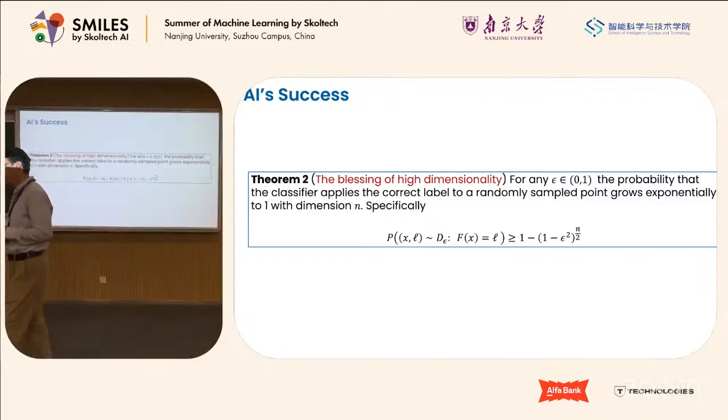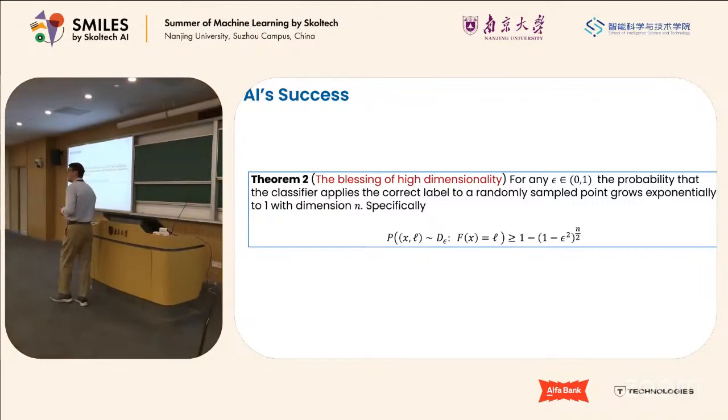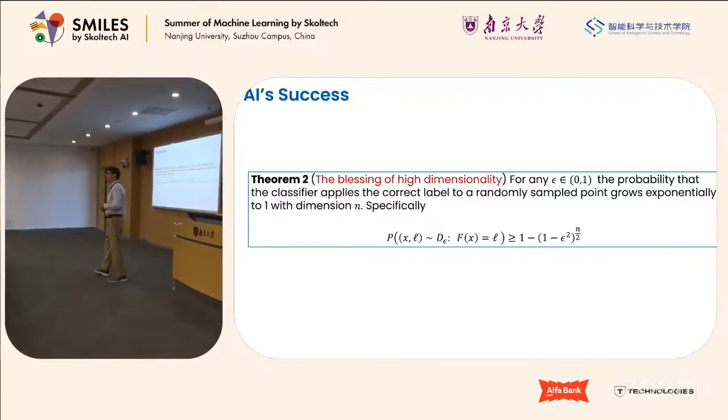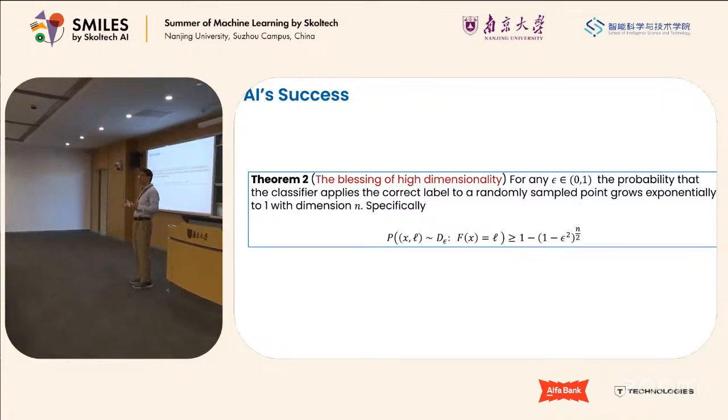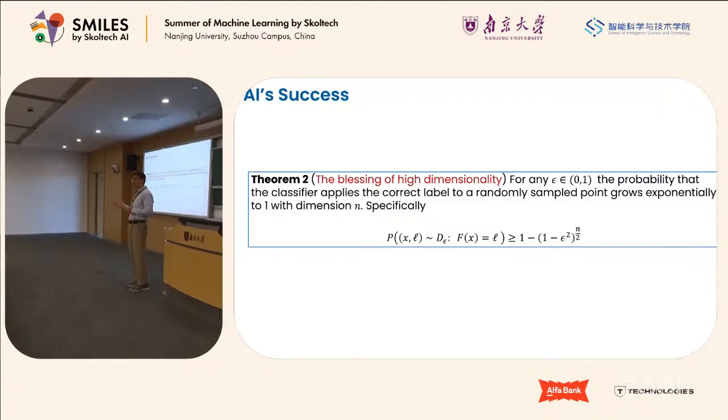So for any epsilon from 0 to 1, the probability that this very simple solution gives you a correct solution... Maybe that's an explanation why we have this problem when our stochastic gradient descent finds something that performs well, but it's not robust, because it's easy to find these solutions. So the probability that you have a good, correct solution is close to 1 exponentially in dimension.